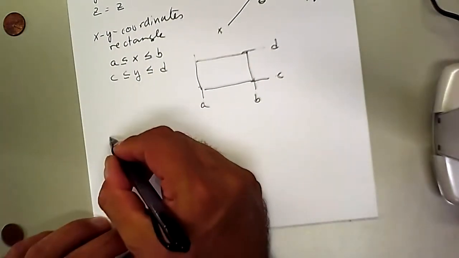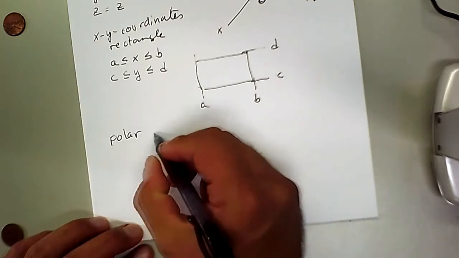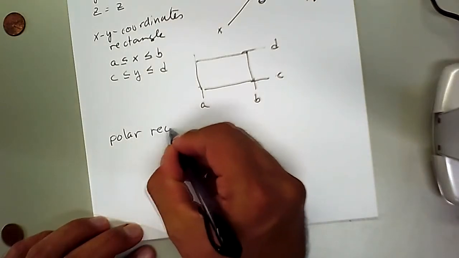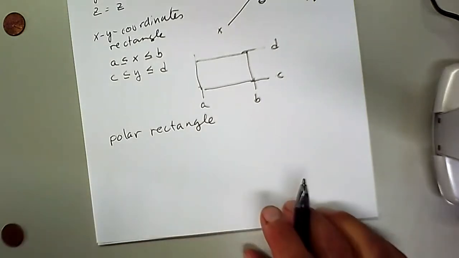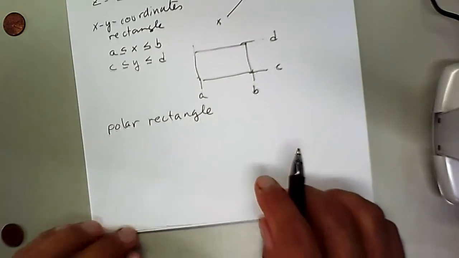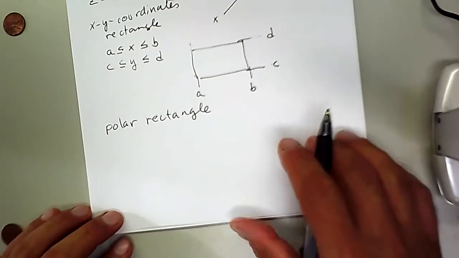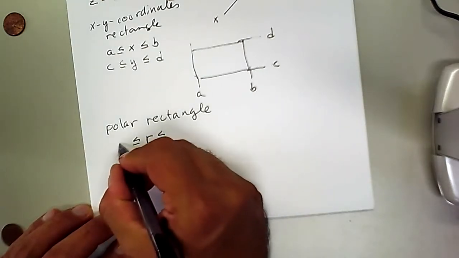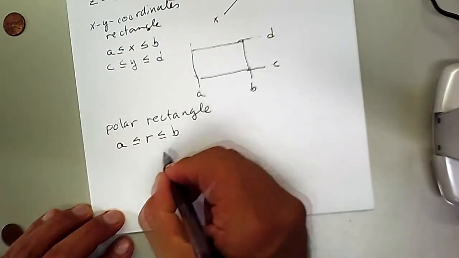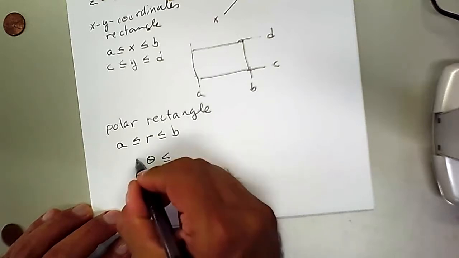A polar rectangle, and I'm sort of making up this term, means r is bounded by two numbers, say a and b, and theta is bounded by two numbers.